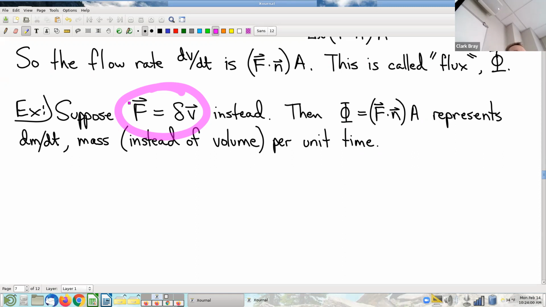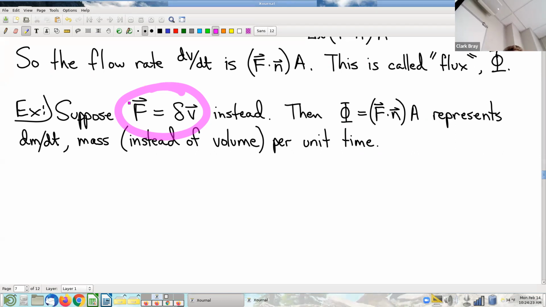Knowing that they're flying a certain speed is nice, but if they're really close together and flying with that speed, that's a lot of birds per unit time. The throughput, the quantity per unit time, is large. If it's a low density, then they're still flying the same speed, but there's fewer of them.